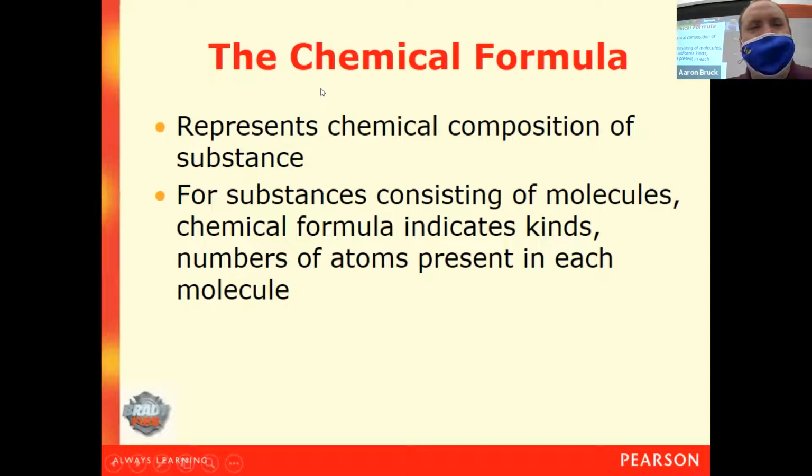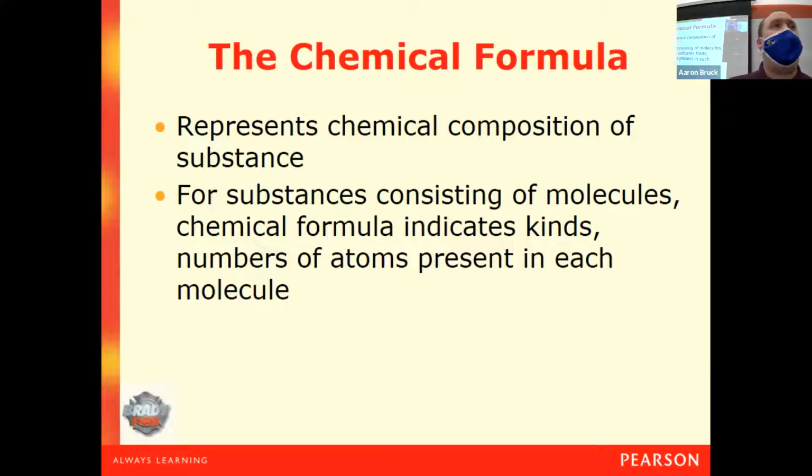And so this brings us to our chemical formula. When we have a chemical formula for a particular substance, that chemical formula is representing a couple of things. First of all, it is representing the true nature of the substance itself, meaning how many different elements compose that substance and how many atoms of each element are present there.